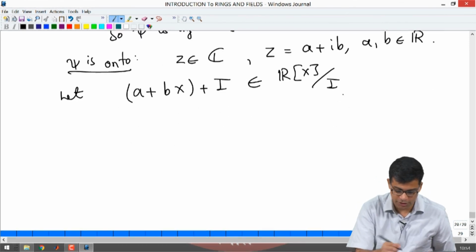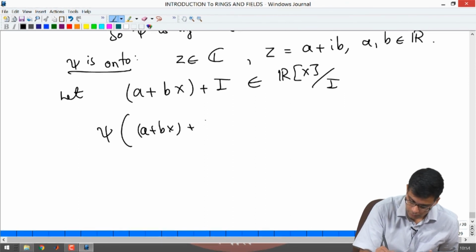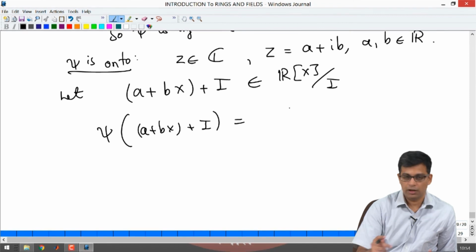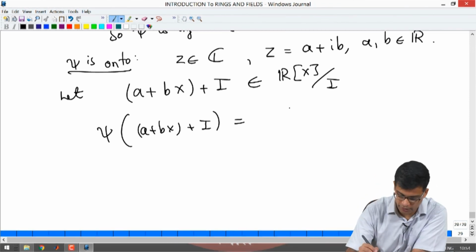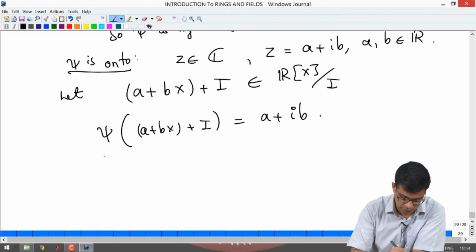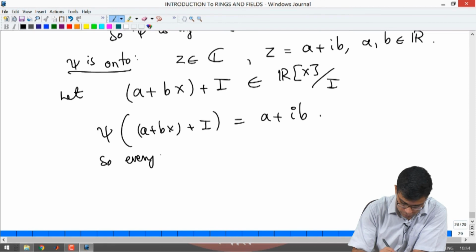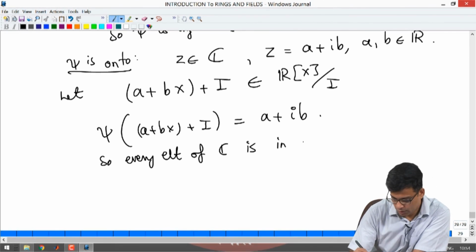What will be its image? So, what will be psi of A plus Bx plus I? Remember how do we find the image of psi? We will simply substitute I for x. So, this will be A plus IB. So, every element of C is in the image of psi.